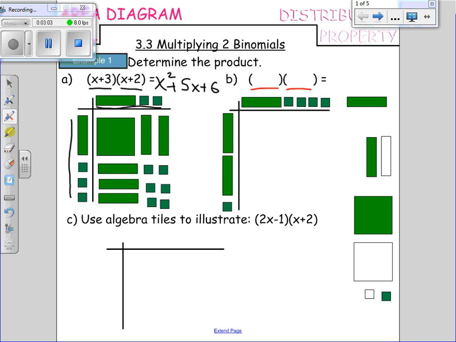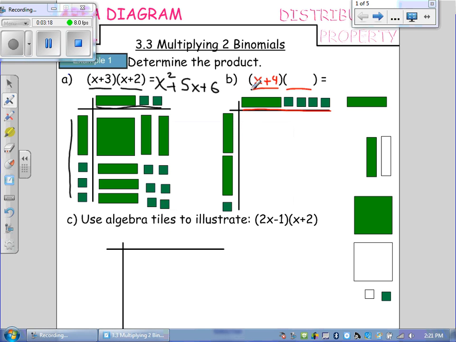I thought we were going to do it pictorially, but wouldn't it be x plus 4? x plus 4. So he's given me that one. So x plus 4 is the first binomial. There's 1x plus there's 4 individual ones. So in the first set of brackets is x plus 4.